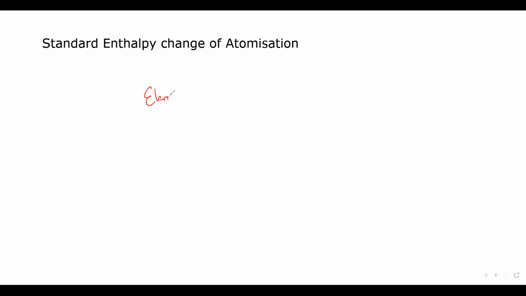So when an element is there in the standard condition and we produce atoms, we call that atomization. So formation is when elements form a compound. Atomization means when an element forms an atom. And it should be 1 mole.